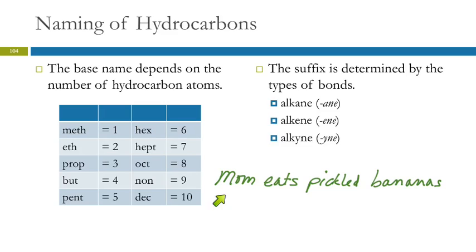But meth, eth, prop, but. 1, 2, 3, 4. If you've got a better way, go for it. Then the suffix ane, ene, or yne. We can take any of these prefixes and combine with one of these suffixes. So you could have methane, you could have butane, you could have nonene, or nonane, or nonyne. Spelling here matters.